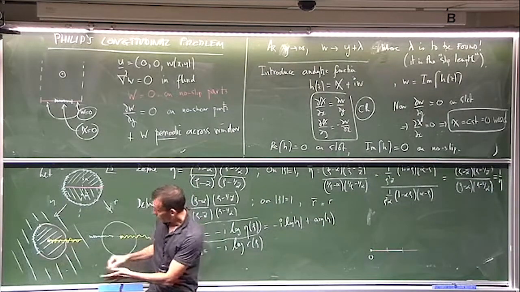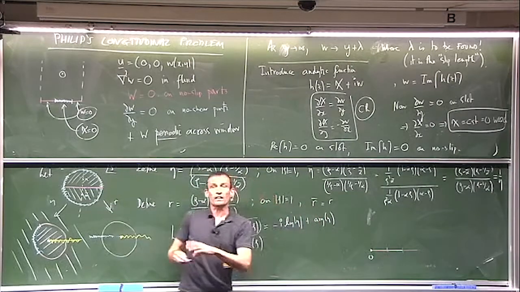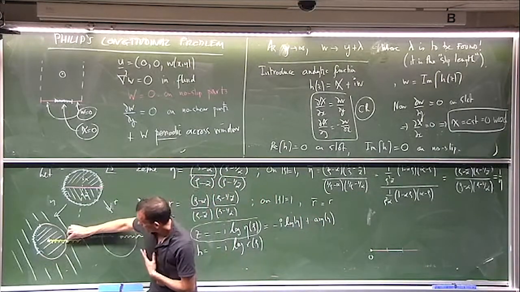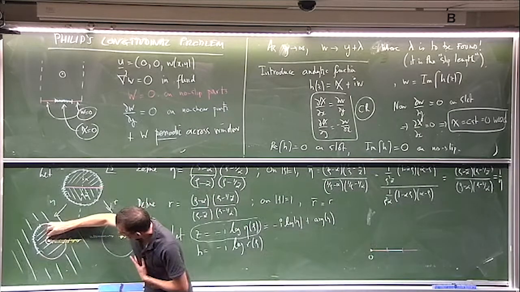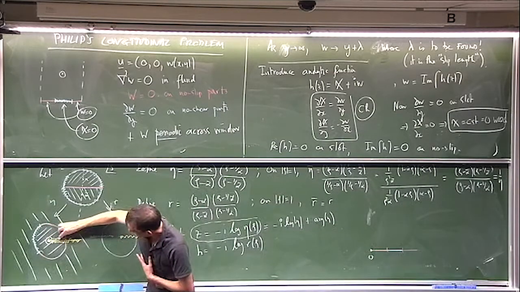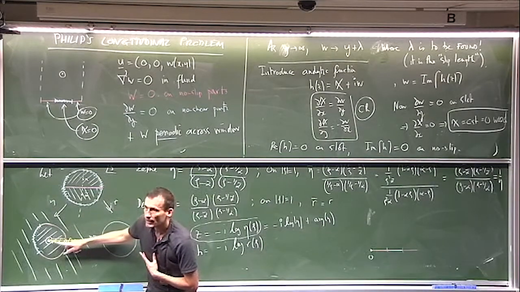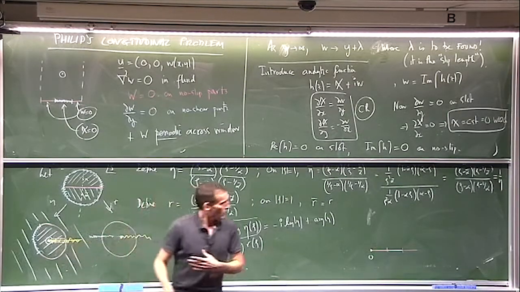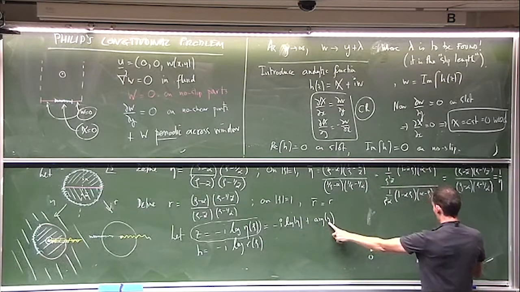Now I'm going to go in here, along the cut. Along the cut, round 0, and back along the cut. Now look at this. On this side of the cut, the argument of eta is 2 pi, and mod eta is less than 1, and it's going into 0, which means that this is fixed at 2 pi.